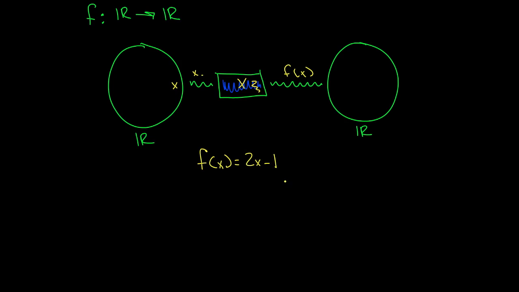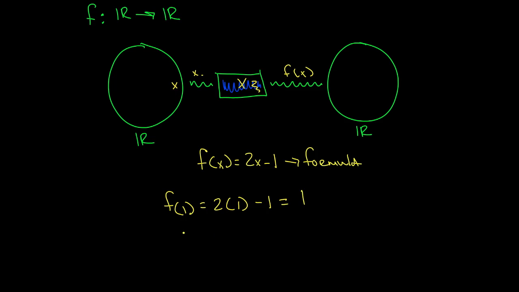So this is a formula. This is a rule that tells you how to operate the machine. Any input you give the machine, it tells you how to make the output. So for example, if 1 comes in, we know that f of 1, follow the rule, plug in 1 for x, is 2 times 1 minus 1, which is equal to 1.